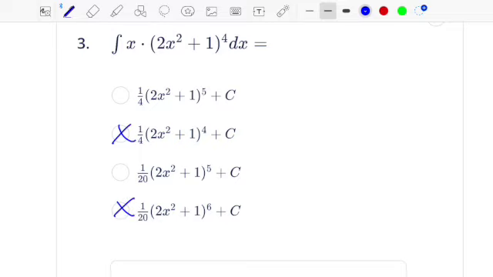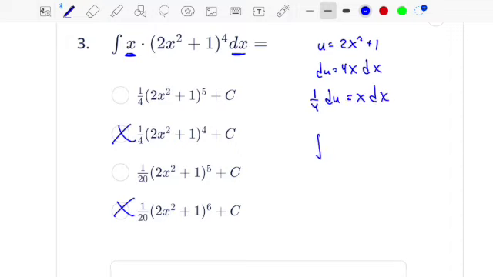Let's see what's going to happen. There's my u-sub. U is going to be 2x squared plus 1, so du is going to be 4x dx. There's that x dx. So 1/4 du is x dx. We're going to have the integral 1/4. Ooh, that's where that 1/20th or the 1/4 is going to come from.